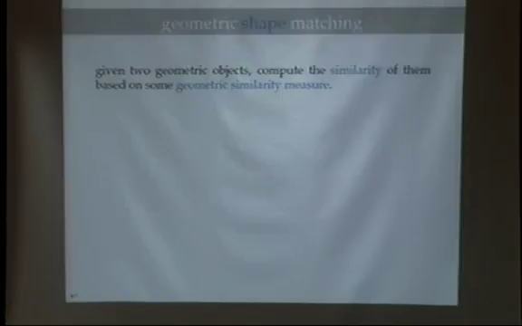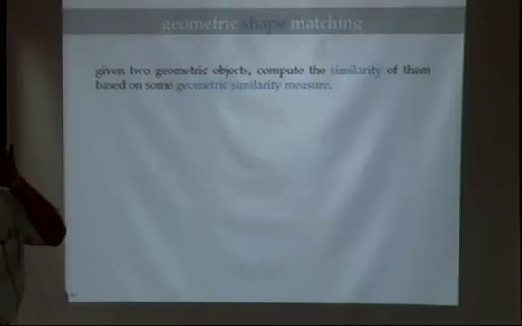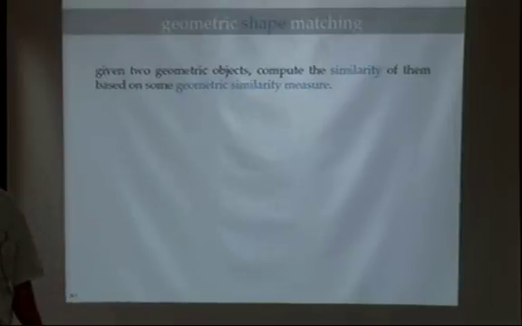Okay, then let me move to geometric shape matching here. So geometric shape matching means that you have geometric shapes, basically. So you have two geometric objects, and you want to compute their similarity, how similar they are. But the typical question is, does my son look similar to me or not?